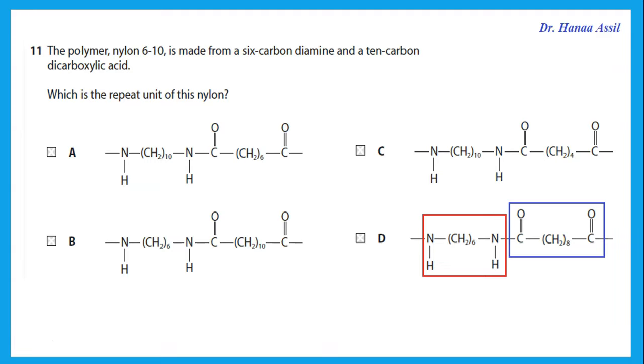So the only one that applies is this one. The others have different numbers of carbons in the two units. Here the diamine has 6 carbons in addition to the 2 nitrogens, and the diacid is the one that had the C=O. It has a total of 10 carbon atoms.